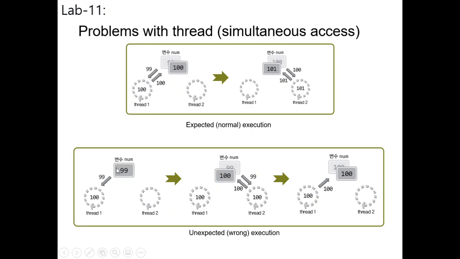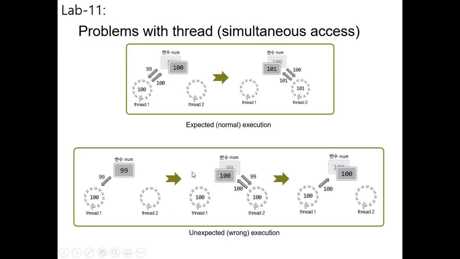So the value will be loaded from the memory area to the register, incremented, and stored back to the memory area. So there are three actions, and those three actions will not be synchronized between threads, and the value of 99 will be loaded by both threads at once.